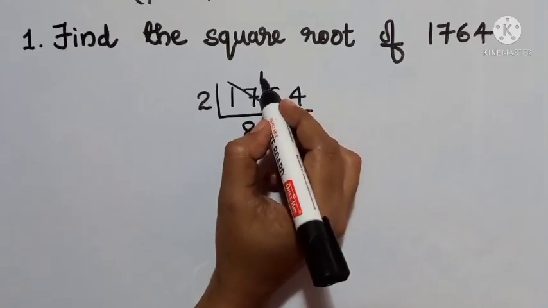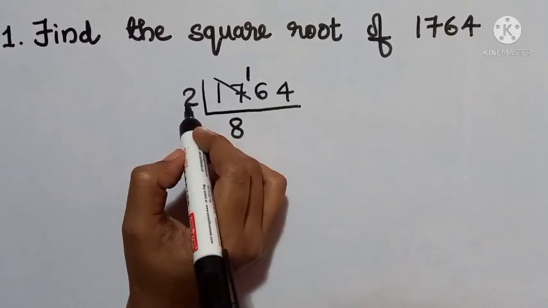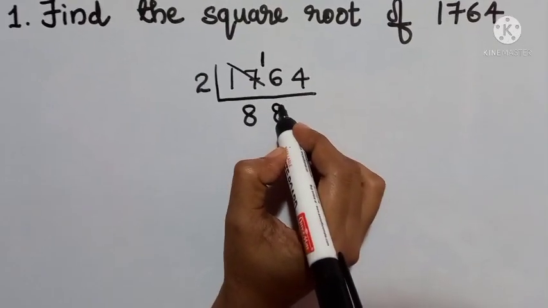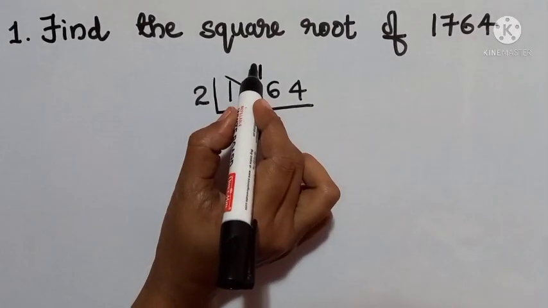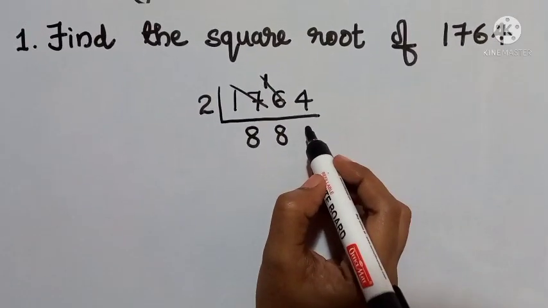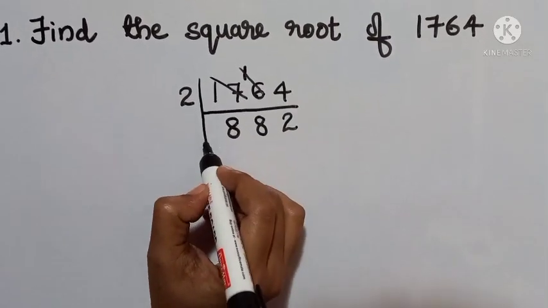Now we have to read this as 16. Now we are thinking how many times 2 is there in 16. We know 8 times, that we are writing here, and then we are cancelling the 16, then 4 only is left here. 2 times 2, 2 into 2 equal to 4, then we are writing that 2 there.